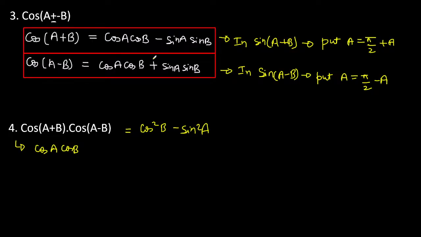Okay, so if you put pi by 2 minus A in this formula, it will become the same thing, and we'll get this one.